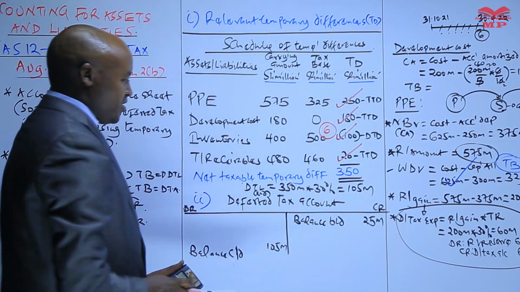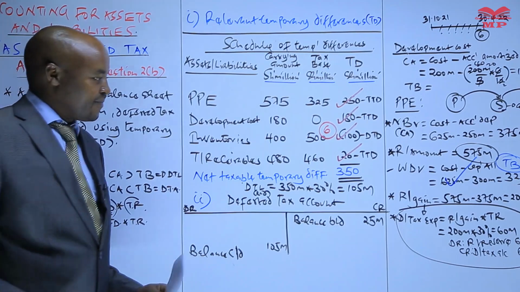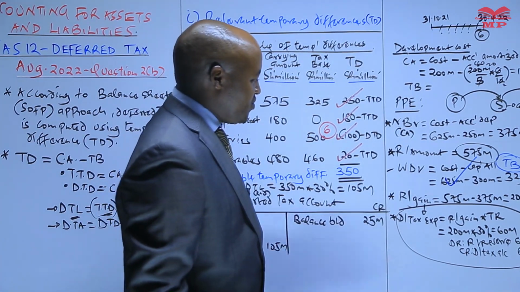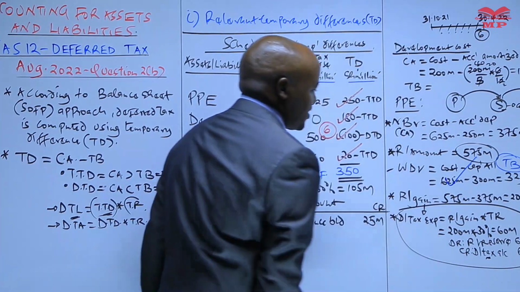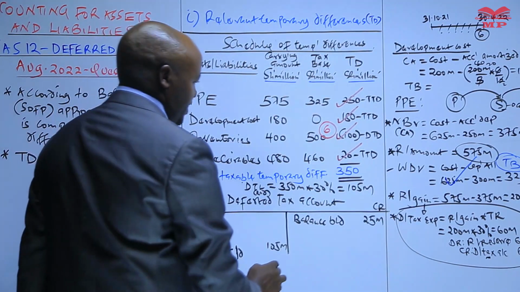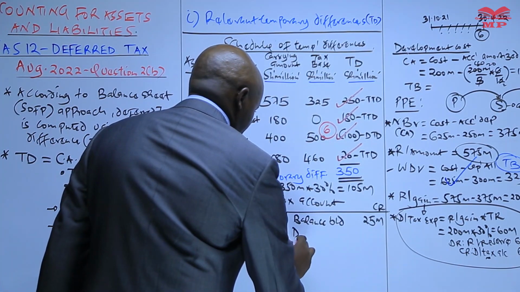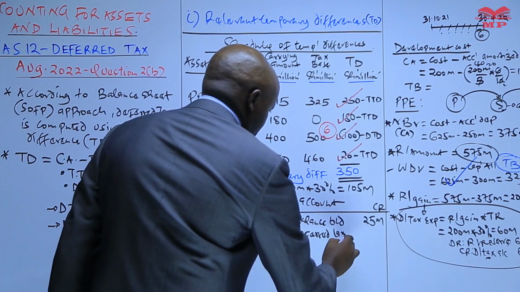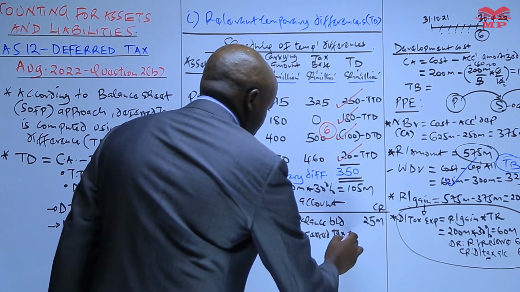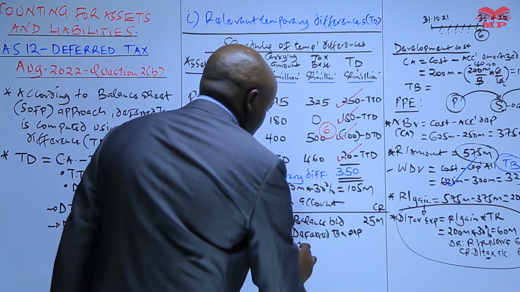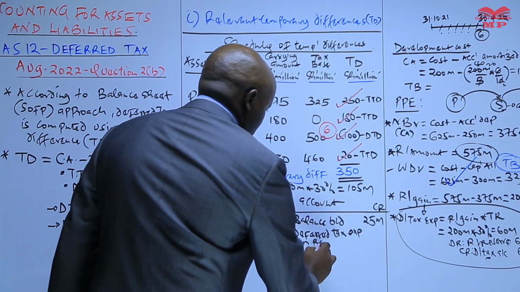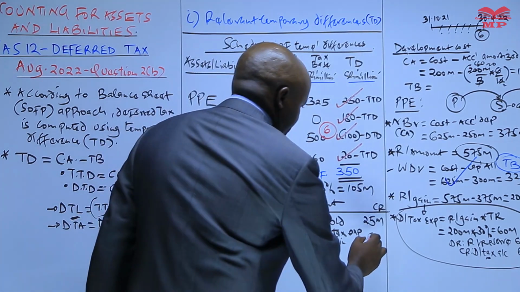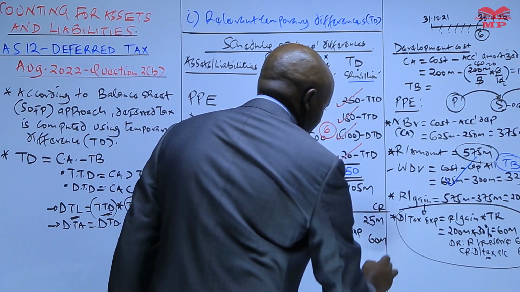So the deferred tax liability at the end of the year is 105 million. The other item which we need to record is the deferred tax expense on revaluation gain, which in the deferred tax account will be credited. So we have the deferred tax expense on a revaluation gain, which is computed as a figure of 60 million.